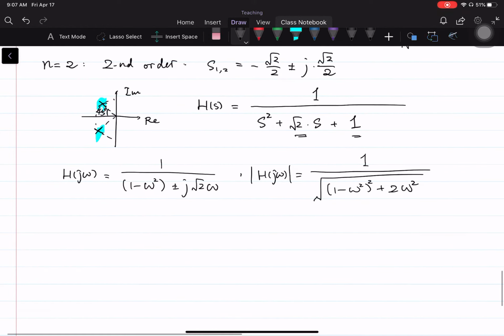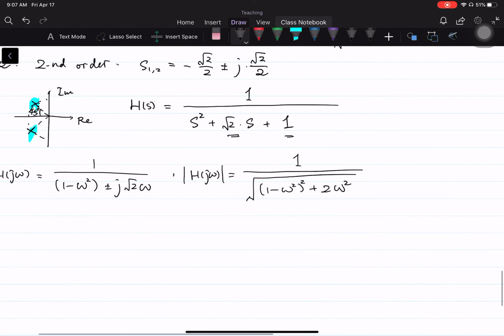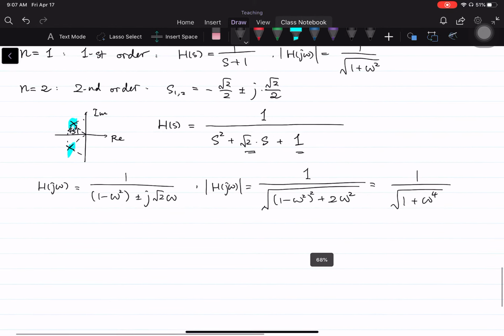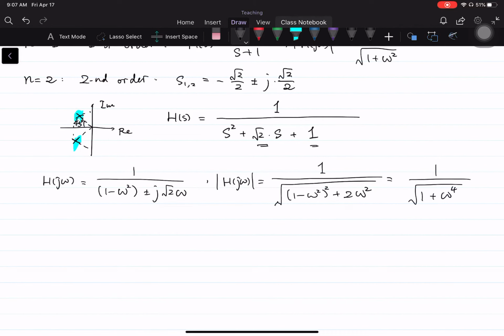And if you organize the terms, you will quickly find out it's 1 over square root of 1 plus omega to the fourth, since the negative 2 omega squared from the quadratic calculation and the plus 2 omega squared will cancel each other. So we end up with just 1 plus omega to the 4th. Right?